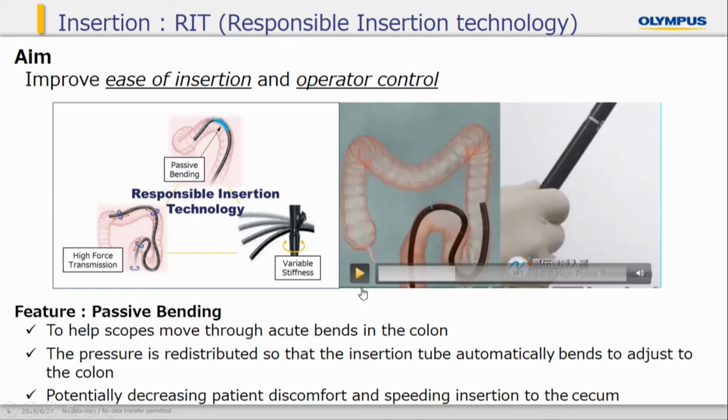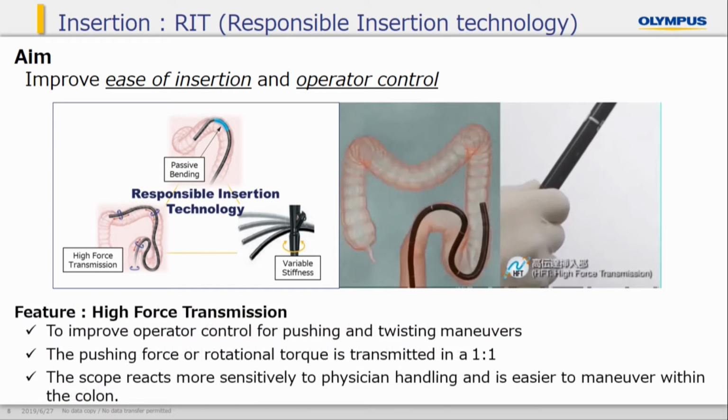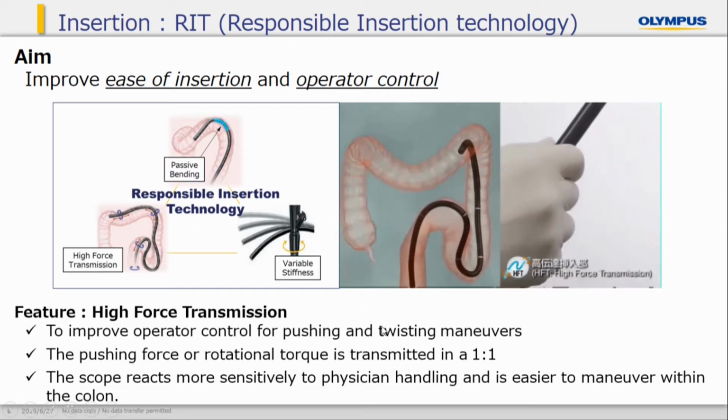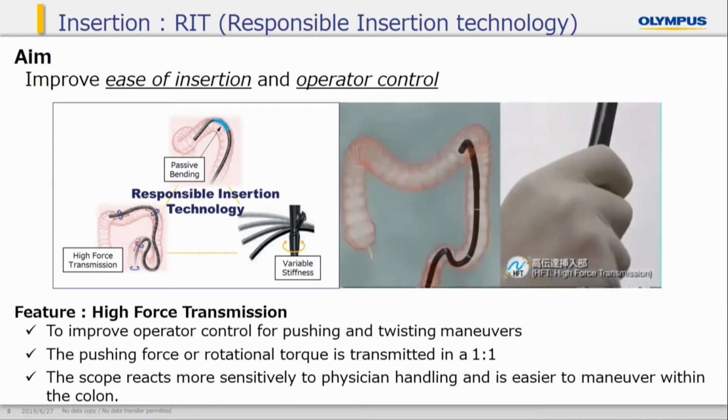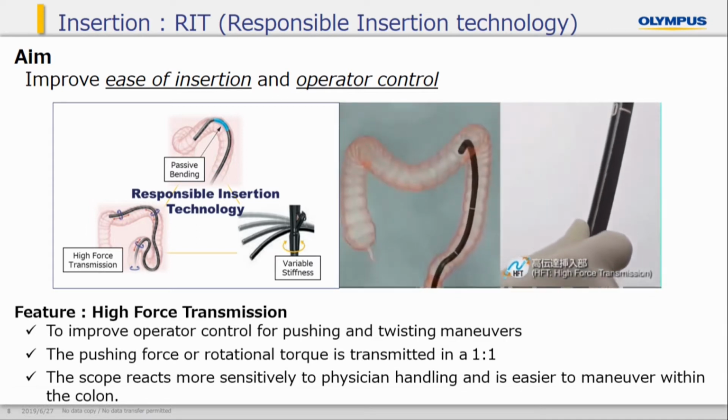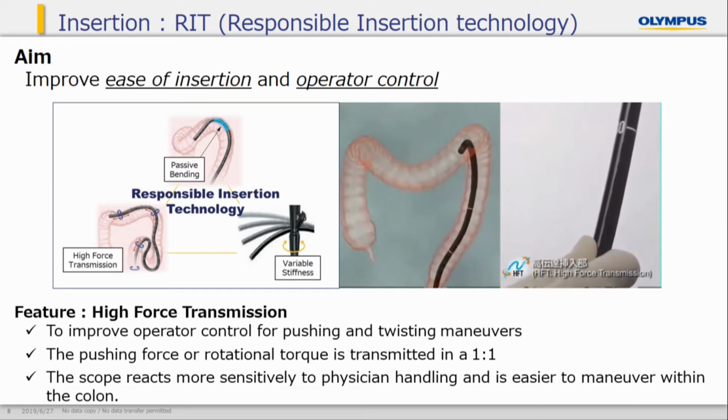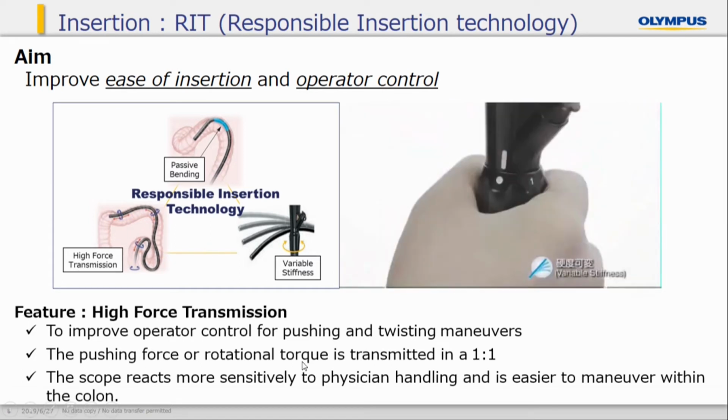The next is the high force transmission. This feature is to improve the operator control for the pushing and twisting. Please look at this movie. Yes, the pushing force or rotation torque is transmitted one-to-one. So this is the function of the high force transmission.